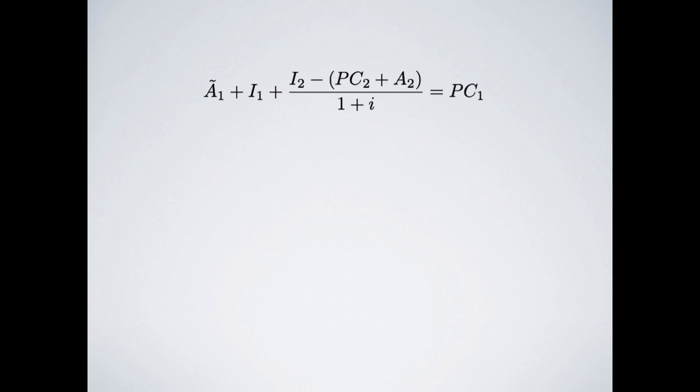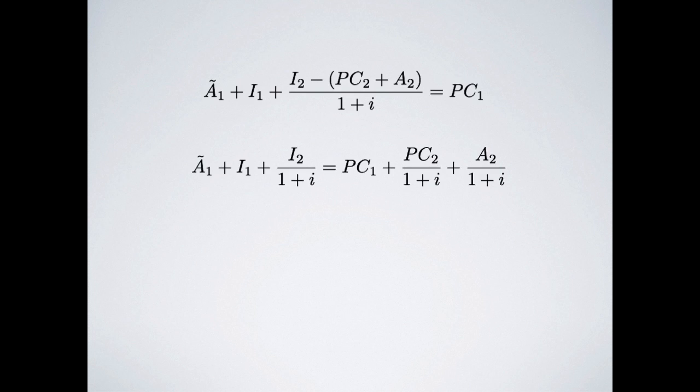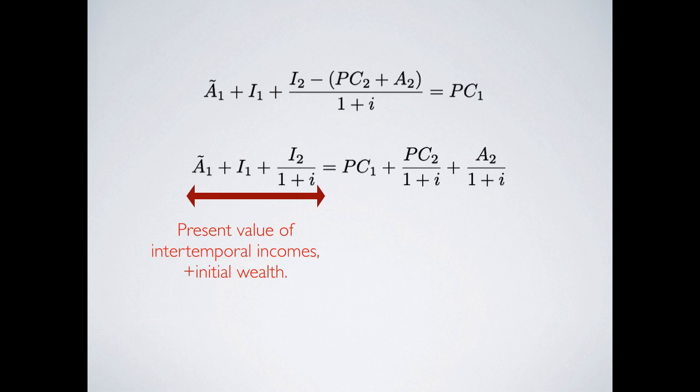For this present value expression of the intertemporal budget constraint, if you rearrange both sides, you will end up with this intertemporal budget constraint expression. In this expression, the left-hand side represents the present value of intertemporal incomes plus the initial wealth. You can see that any income source from the future will be discounted, but income source from today we don't need to discount.